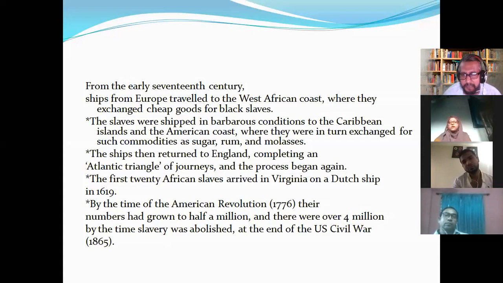They went to the African coast, gave them goods, and in return got black slaves. Just as we have heard, sugar, molasses, and others. And the slaves were shipped in barbarous conditions to the Caribbean islands.